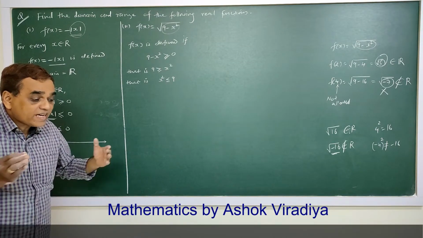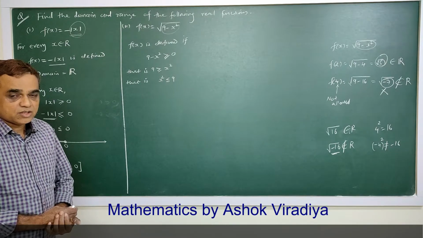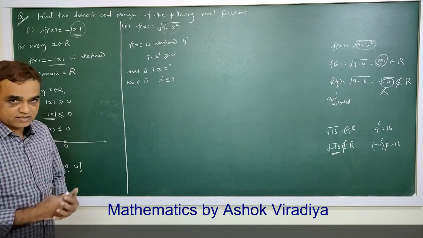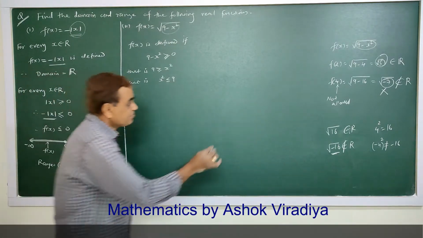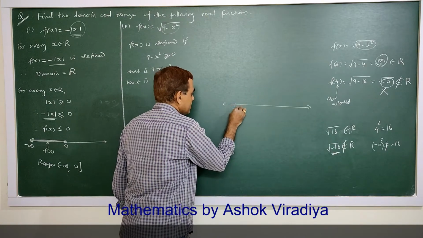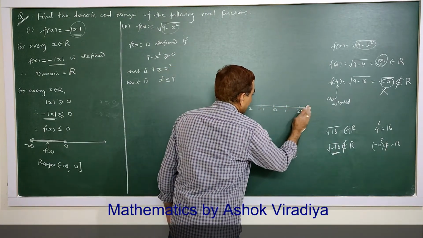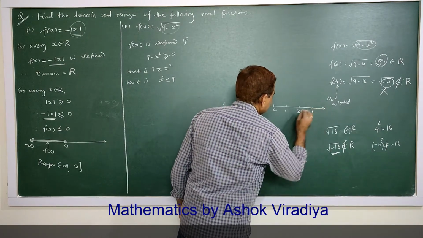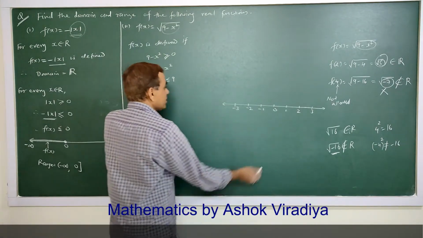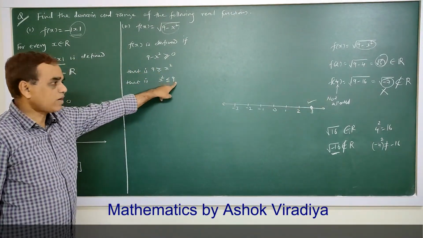Now whose square is less than or equal to 9? Square of which number is less than or equal to 9? So see, on the number line, if this is minus 3, minus 2, minus 1, 0, 1, 2, 3. If you take x equal to 3, 3 square is 9, equal to 9.